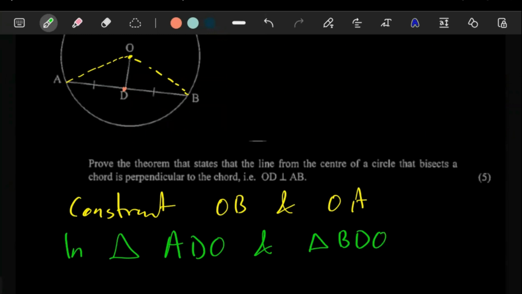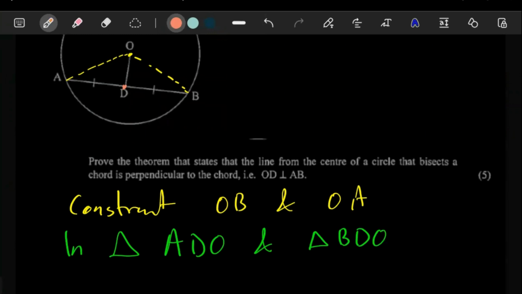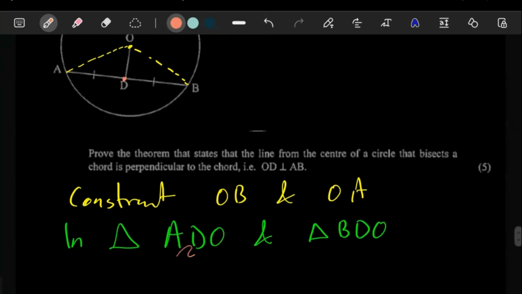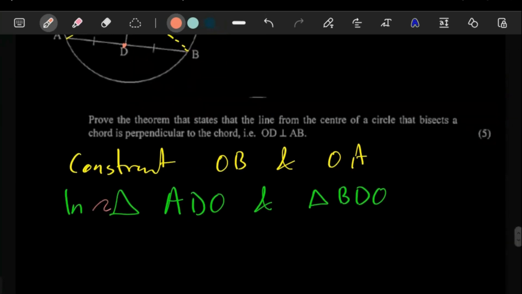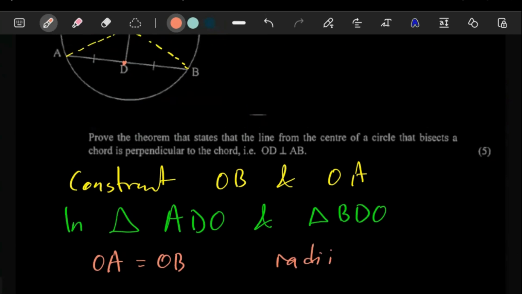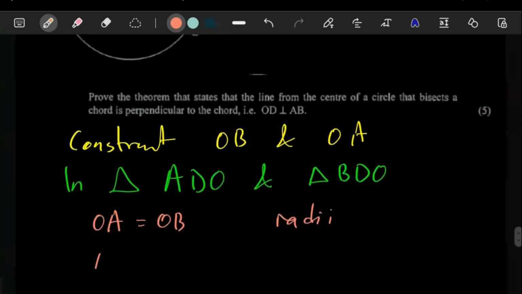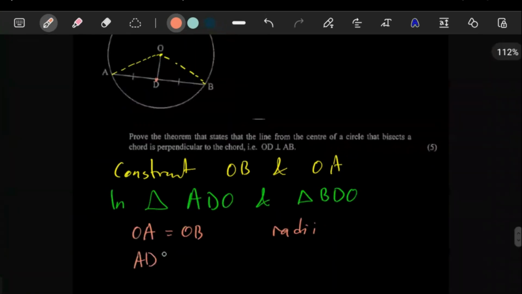In these two triangles, ADO and BDO, you're going to say OA is equal to OB, they're both the radius of the circle. And then you're going to say AD is equal to BD, that's given.